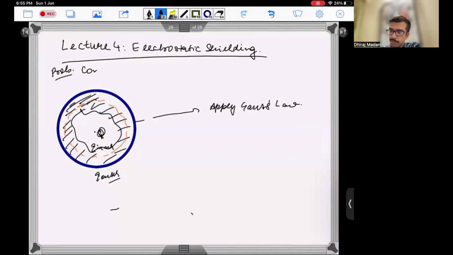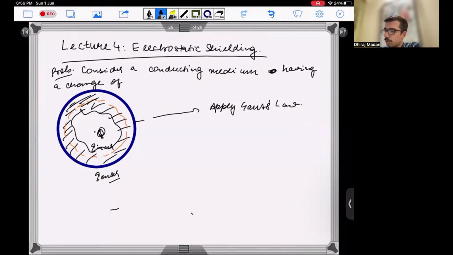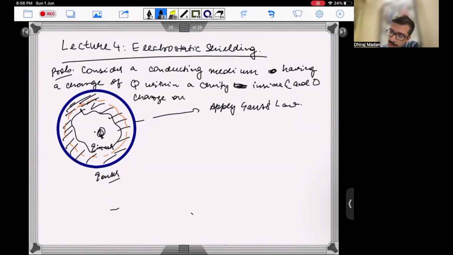Consider a conducting medium having a charge of Q within a cavity inside, and zero charge on the medium.